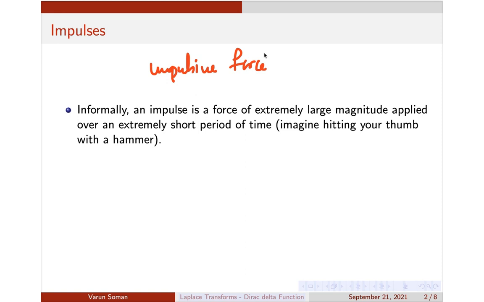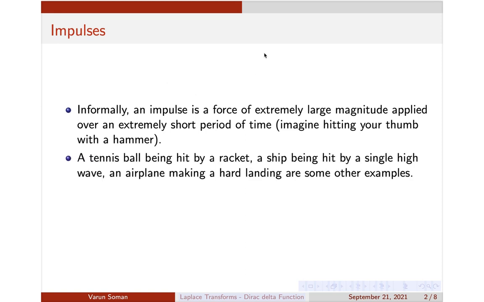There are many examples of impulsive forces: a tennis ball being hit by a racket, a ship being hit by a single highway wave, an airplane making a hard landing, etc. Often, when you try to model applications, there may be impulsive forces. When you form differential equations out of a practical problem, you may have impulsive forces to be modeled.